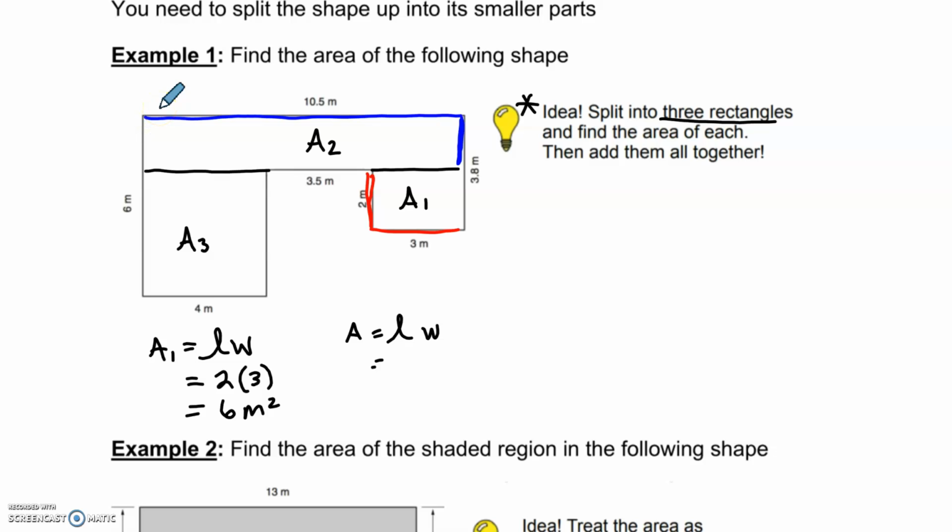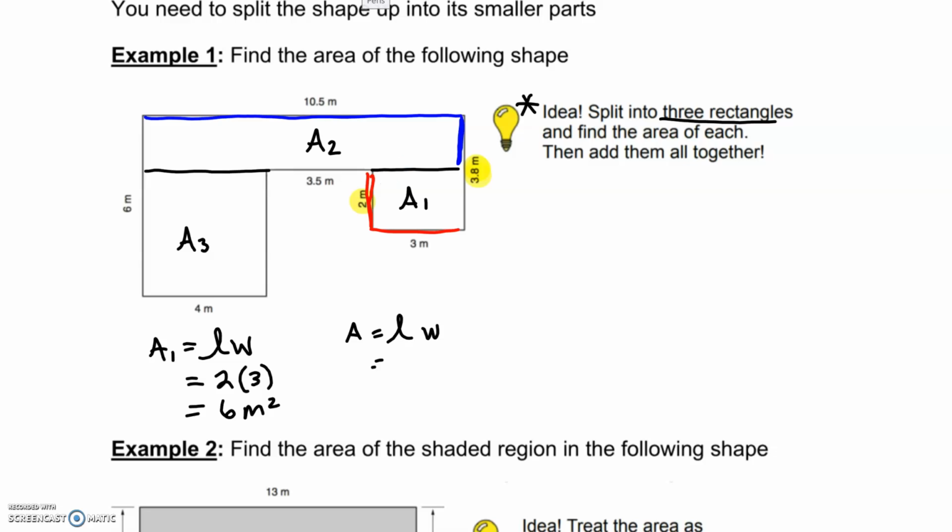So what we need to do is take a look at all the sides that are going up and down and see which ones can help us. I'm going to start by highlighting 3.8. That side is going up and down, and 2 meters is going up and down.